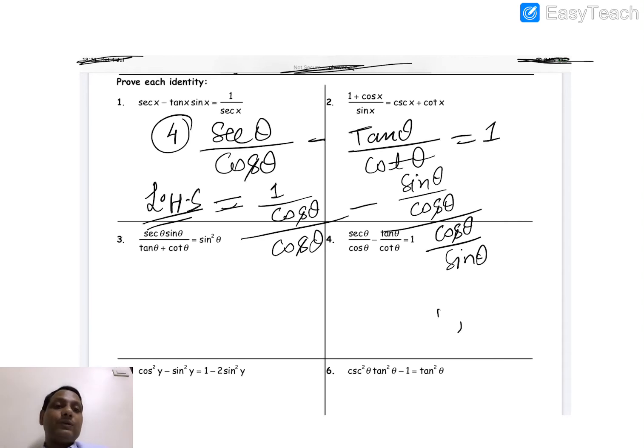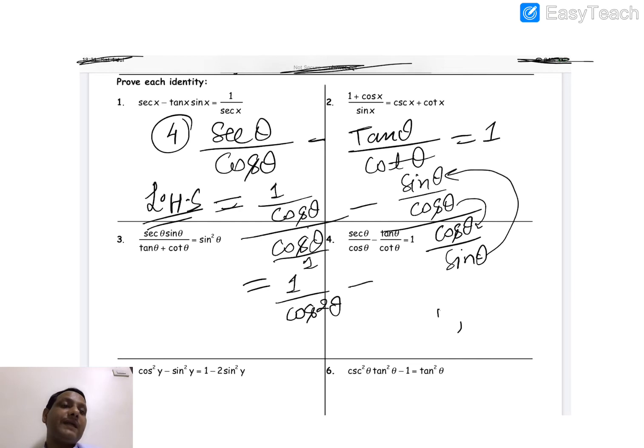Alright guys, what you are seeing here, 1 over cos theta over cos theta, practically is going to be 1 over cos square theta, then minus this moves up and this comes down, so sin will multiply each other, so you are going to get sin square theta, and down is going to be cos square theta.